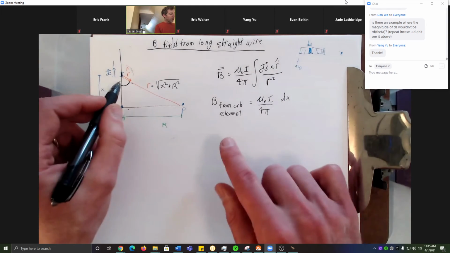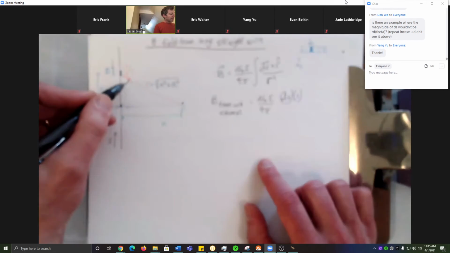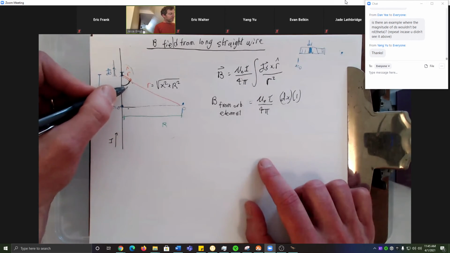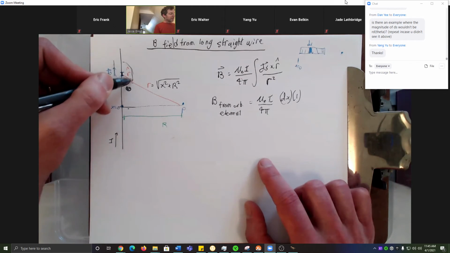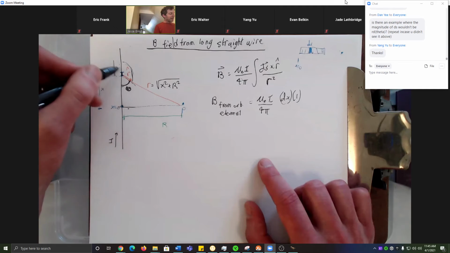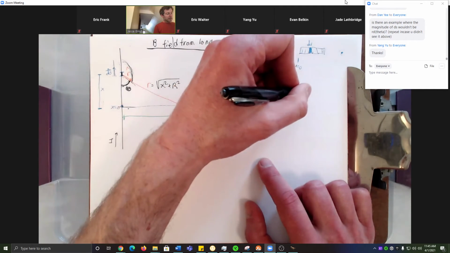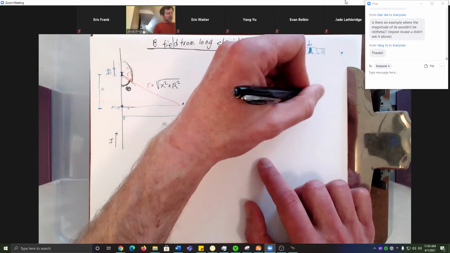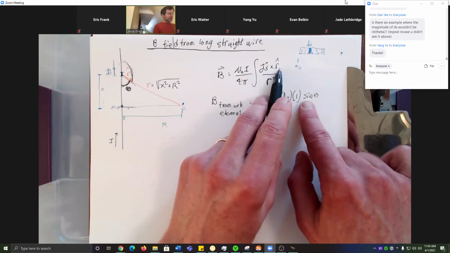Cross r hat has a magnitude of 1, so it'll be dx times 1 times the sine of this angle. Call that angle theta. Really, it's the sine of the angle between this and that, but the sine of this and the sine of that are the same thing. So that's going to be sine of theta. So there's ds cross r hat.